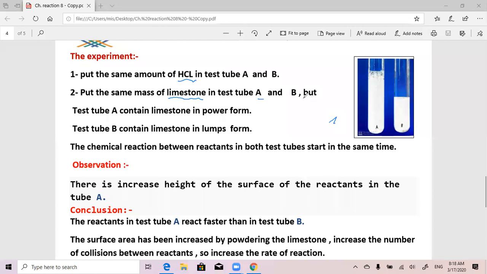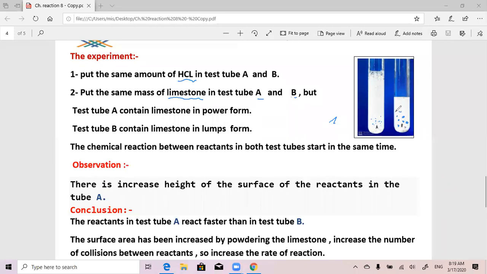Test tube A contains very tiny particles of calcium carbonate, but test tube B contains large particles of limestone, calcium carbonate.